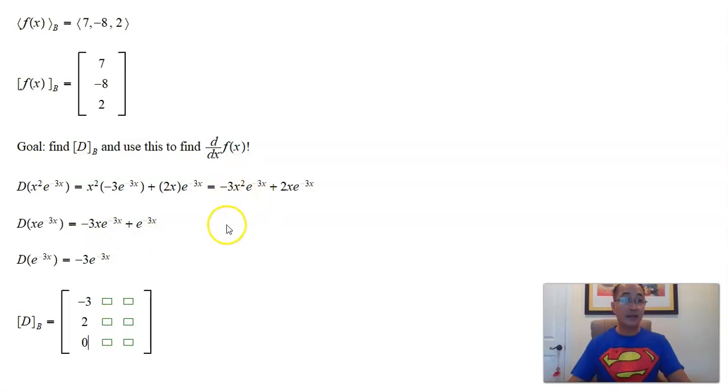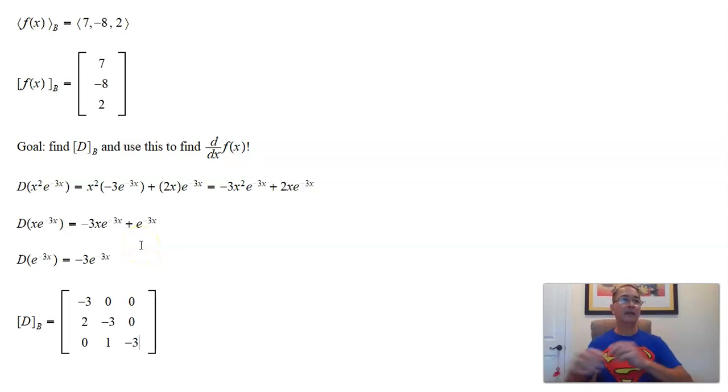Again, x squared e to the minus 3x goes first, but there is none over here. So that should be a 0, a negative 3, and there's a 1 hiding right there. Last column. It's only this one term. There is no x squared. There is no x. So 0, 0, negative 3. Ta-da! That's the matrix of the derivative operator.